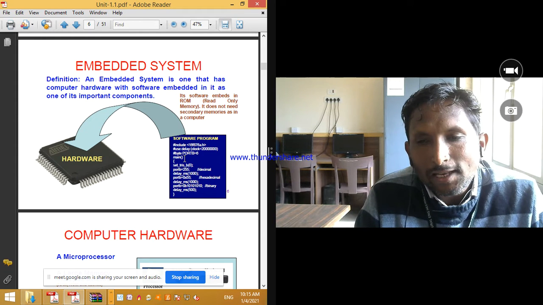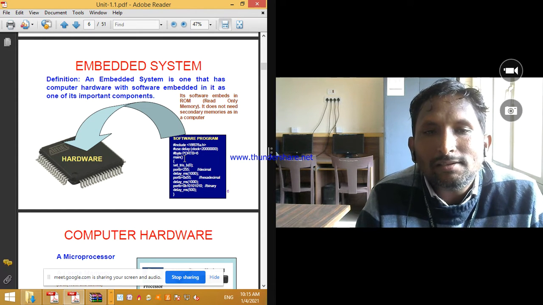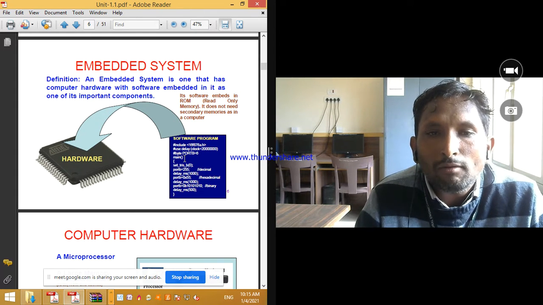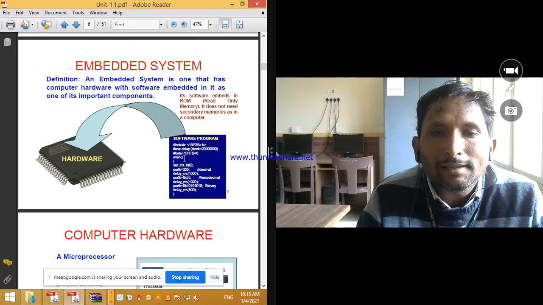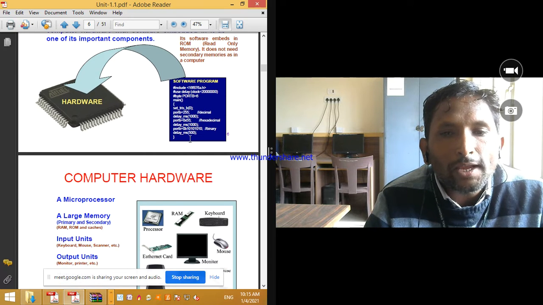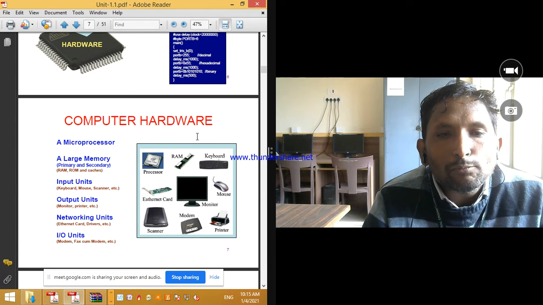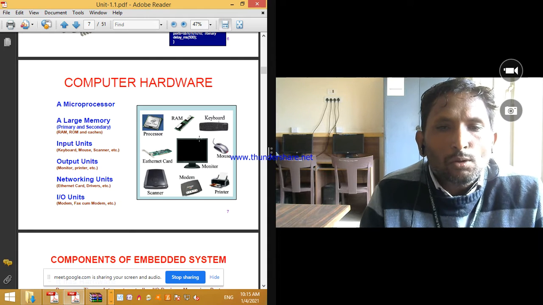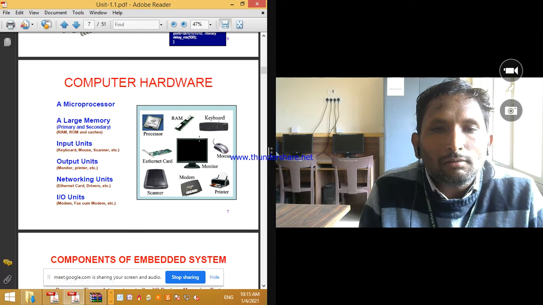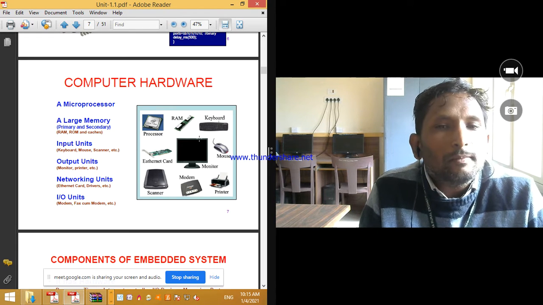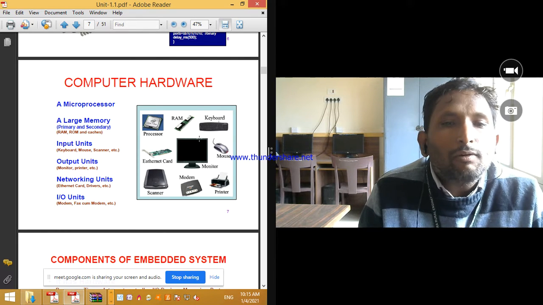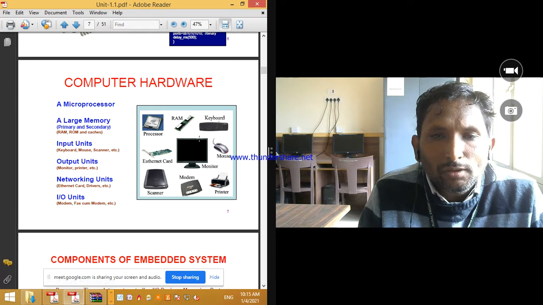The definition tells us that an embedded system is a mixture, a combination of hardware and software, and software means the code required to execute the program through the hardware. Here the computer hardware is required to create an embedded system.